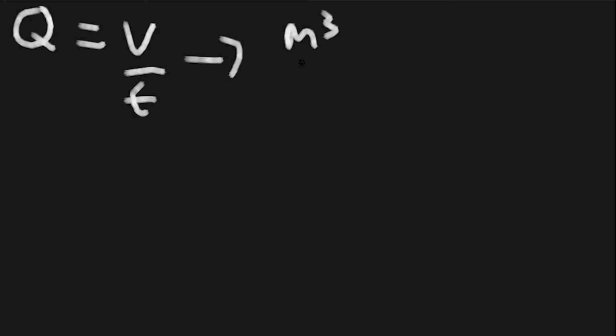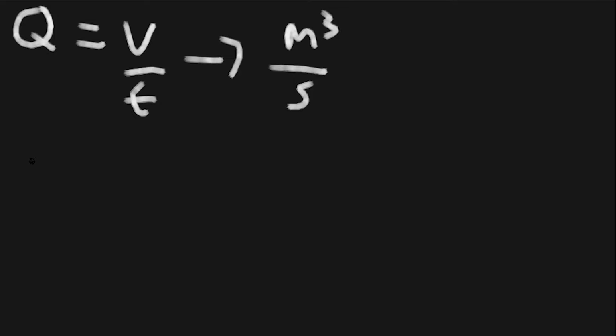The volume of fluid which passes a tube over a period of time is called debit, and the equation for debit is Q equals V per T, where Q is the debit, V is the volume, and T is the time. The unit for debit is meter cube per second.